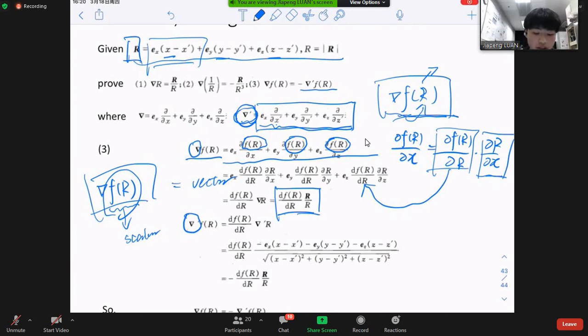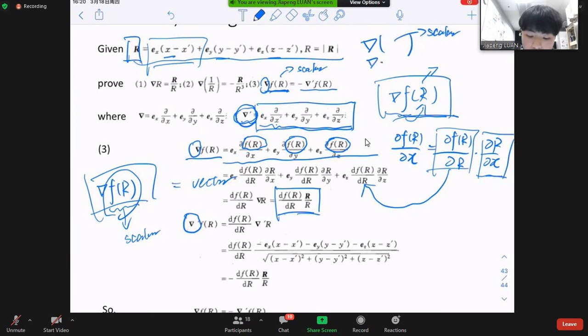Yes. So that is the important thing, because he wants you to, you can see it from here. It is a gradient of something. And I said that this something needs to be a scalar, right? So this f of r is a scalar. So that's the message you need to get from the question. So if you take the gradient of something, then this is a scalar.